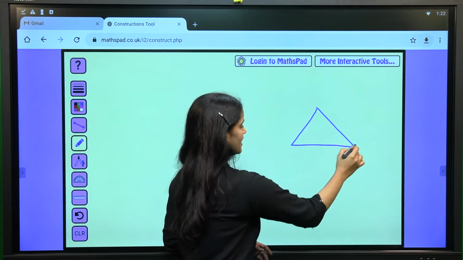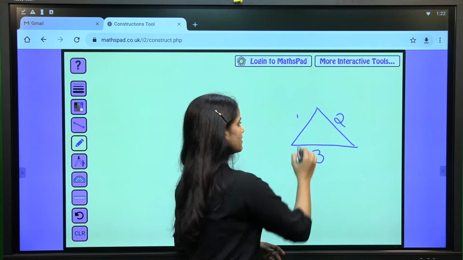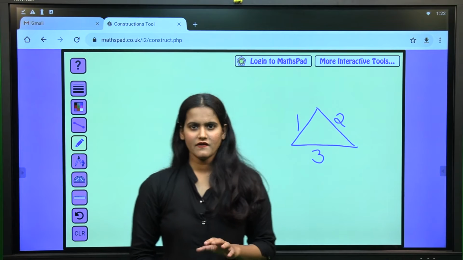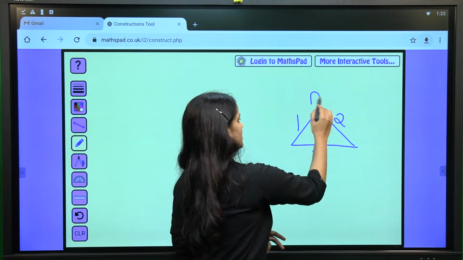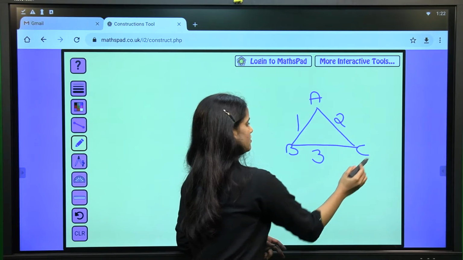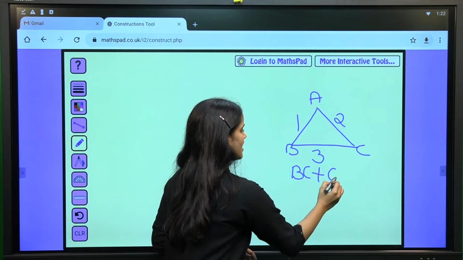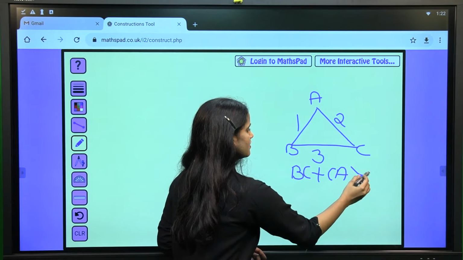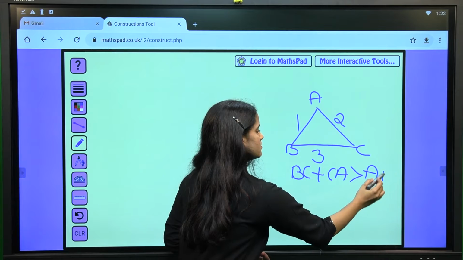The same thing I will take. So, it was 3, it was 2, it was 1, no? See, always remember, you can take anything like this, A, B, C. BC plus CA is greater than AB, we got.